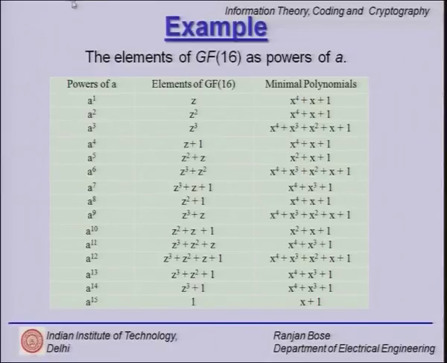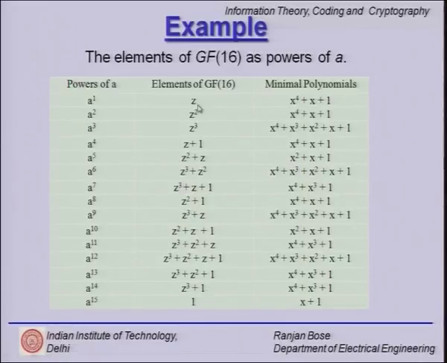So, the moment you divide z raised to power 4 by z raised to power 4 plus z plus 1, you end up having z plus 1, and so on and so forth. You can continue and you can construct these 15 non-zero elements of GF(16).